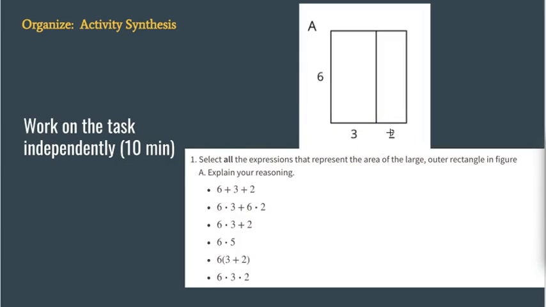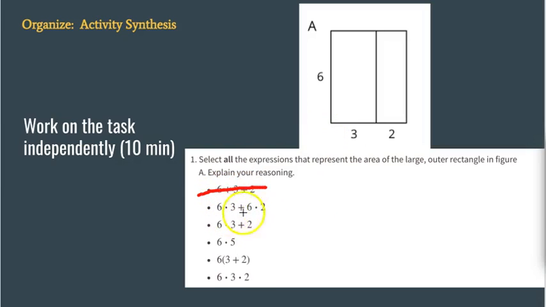So what are ones that are going to make this work out? Well, we know that it's going to be length times width, right, to find the area. Well, this one doesn't show length times width, does it? Because it's just adding every single thing.